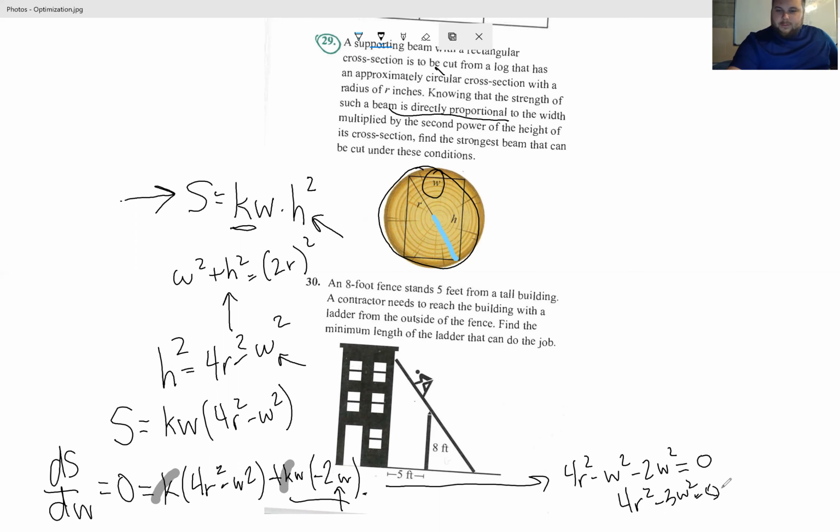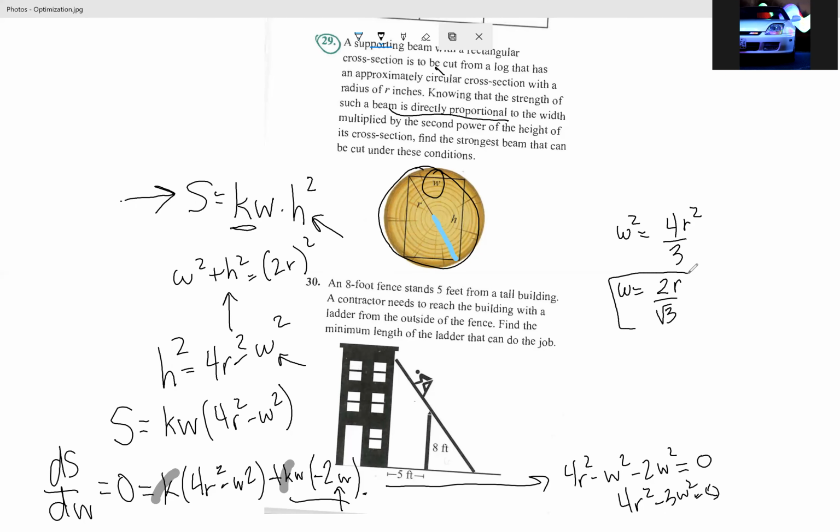And if you solve that for W squared first, you would get 4R squared over 3. And if I want W, then I just take the square root. So that would be 2R over the square root of 3. That's W. Okay.